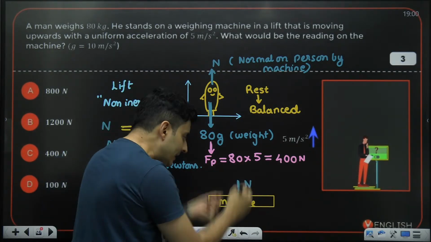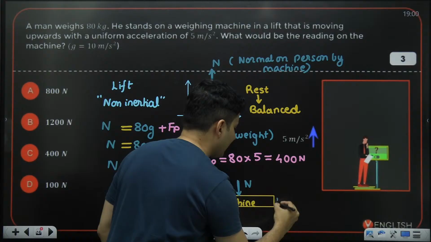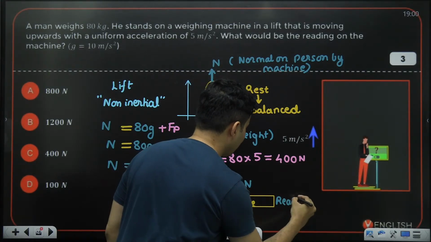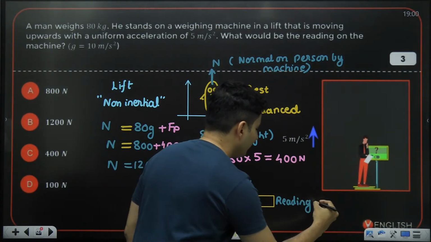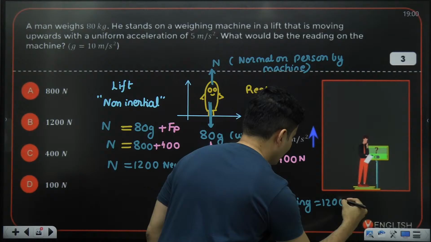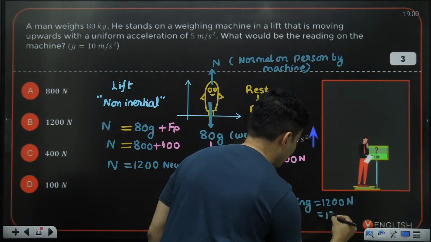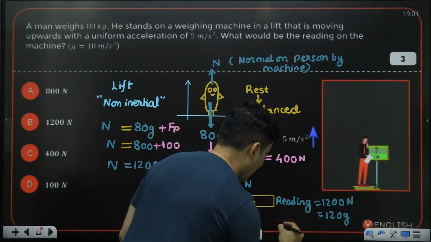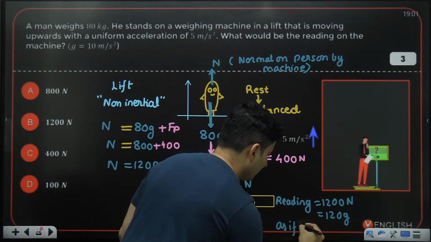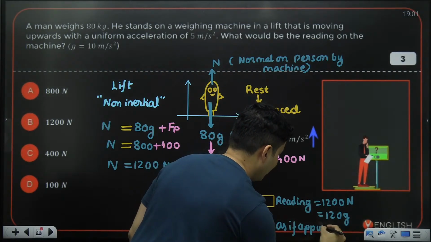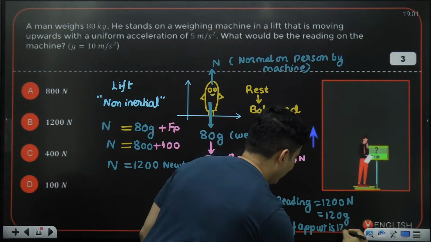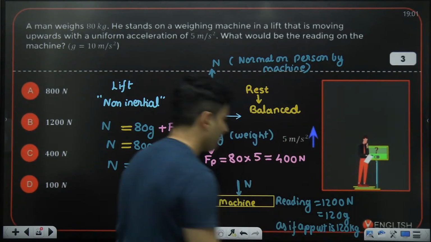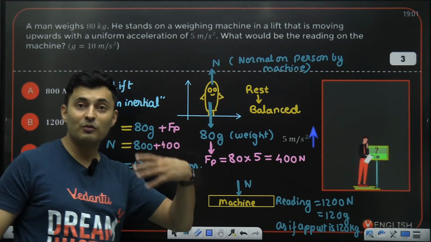It will detect that force and give me exactly that same reading. So the reading will be 1200 newtons, or basically 120 g, or it will feel as if the apparent weight is 120 kilogram.